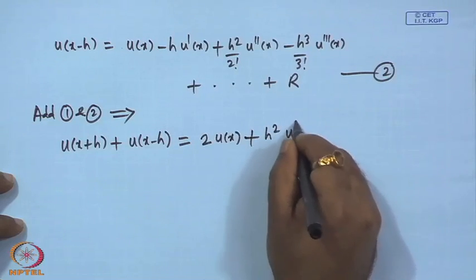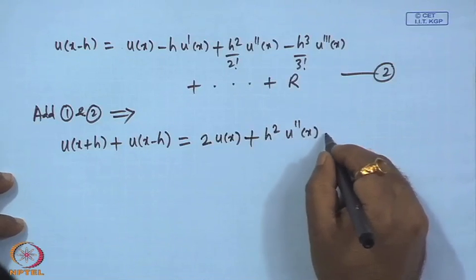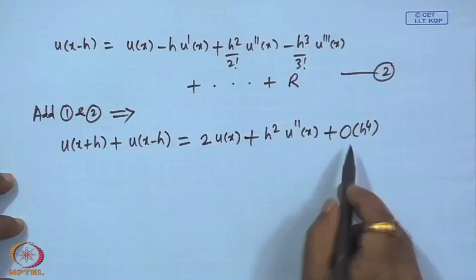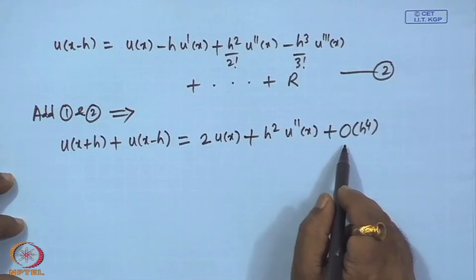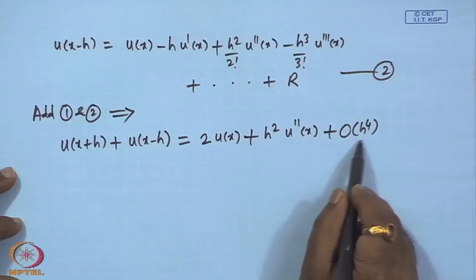The next term is h square by 2 times u double dash, twice. The third-order term is cancelled. Then I put order h 4, which means the first non-zero term we are throwing away starts from h 4.